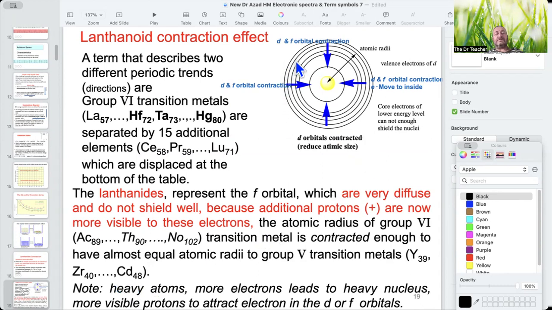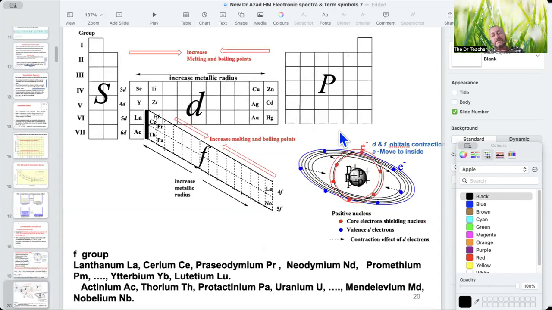So now, maybe we can explain with another slide. You have the protons of the nucleus. The nucleus is positively charged, and there are electrons: the core electrons, and these are the valence electrons. The core electrons protect the nucleus from the attack of the electrons.